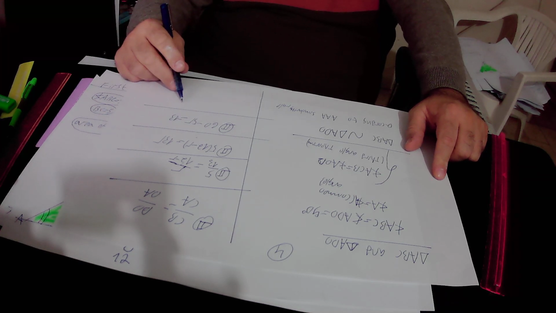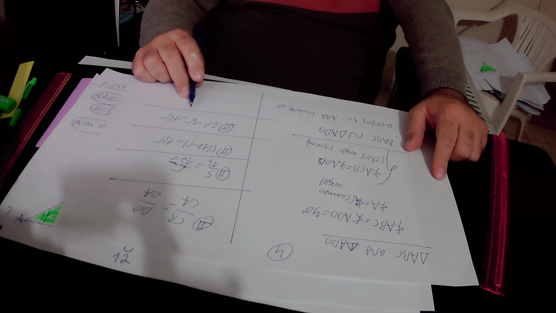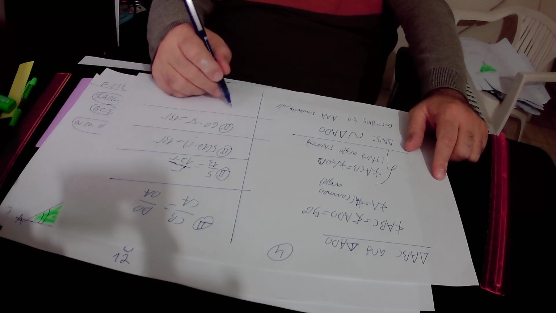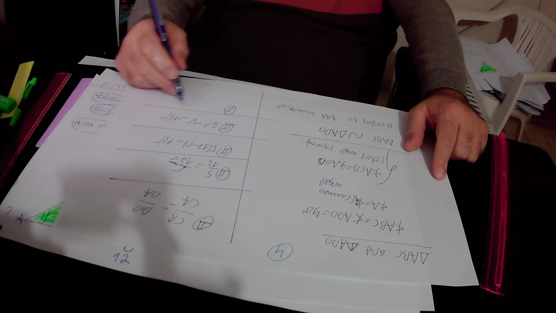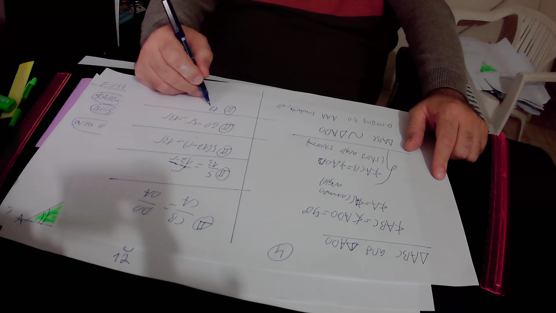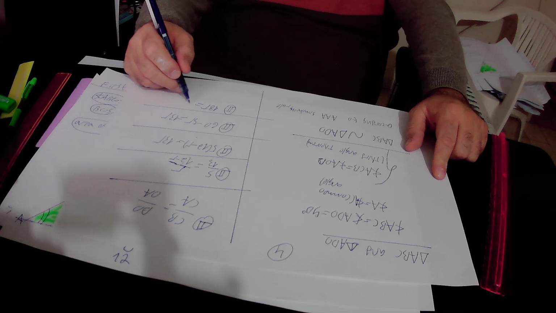Here we will add 5R to this equation, and we will get that 13R plus 5R is 18R, and minus 5R plus 5R is 0, so 18R equals 60.